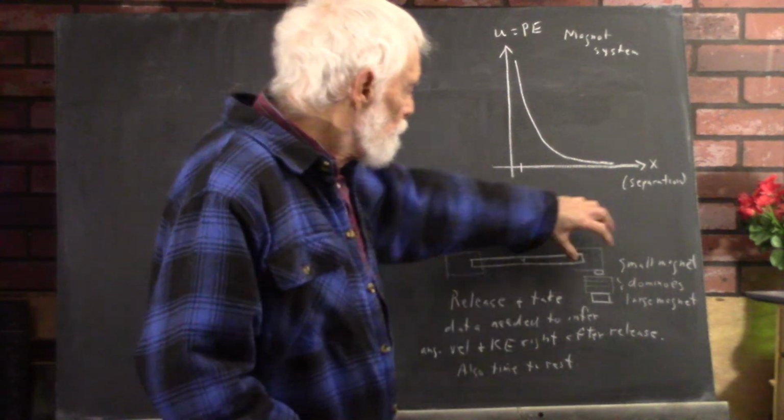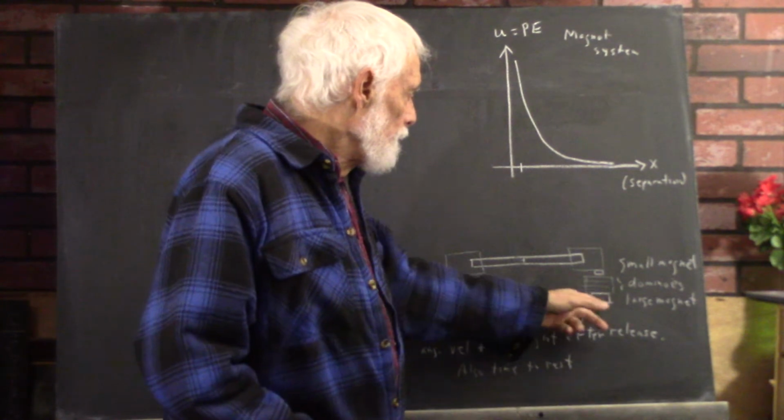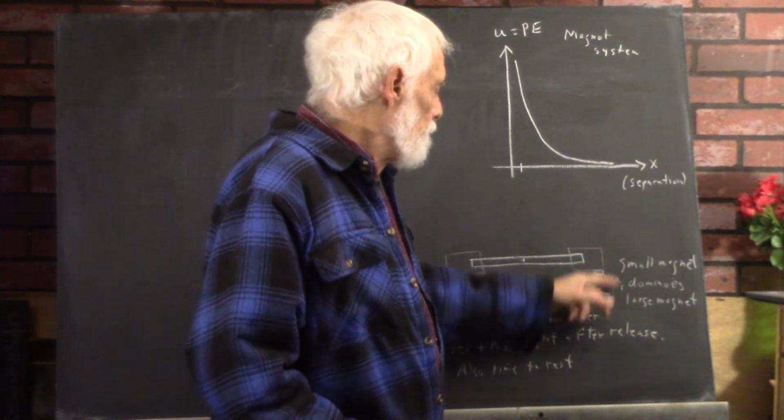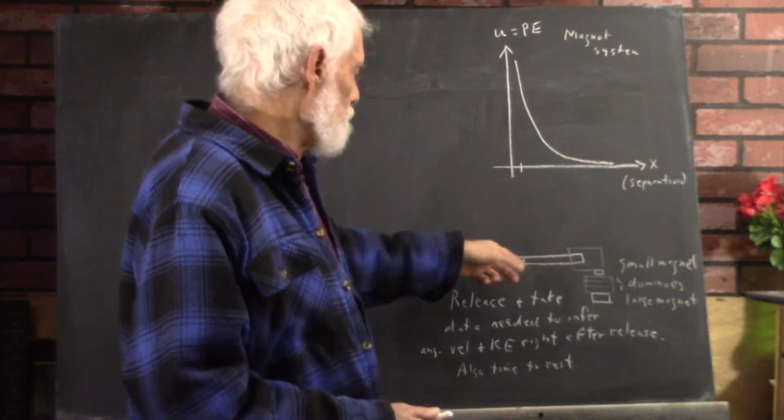It doesn't have to be too awful far, and you can experiment. You can move that large magnet around in the vicinity of this distance and see how far you've got to get from the end before it doesn't have any significant effect on the motion of the rod.